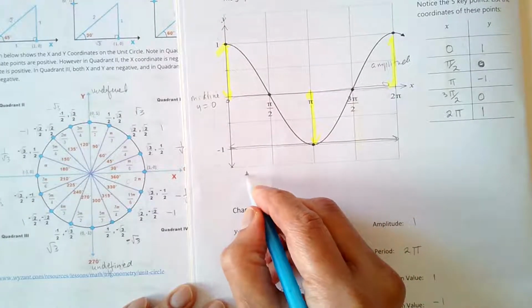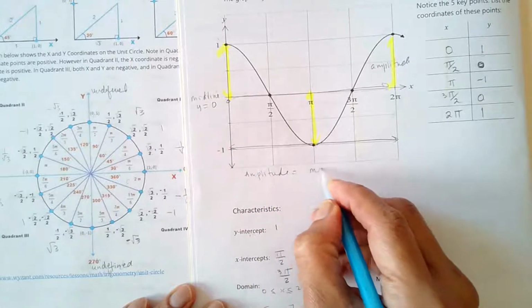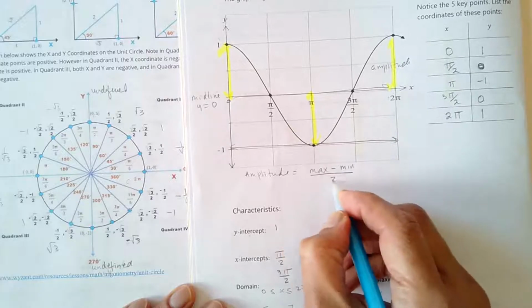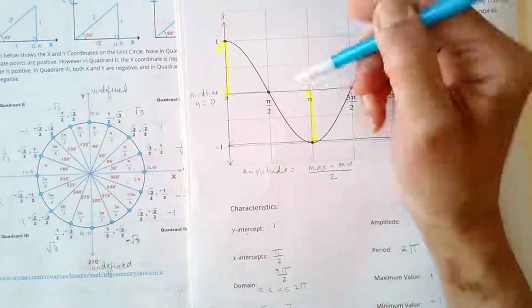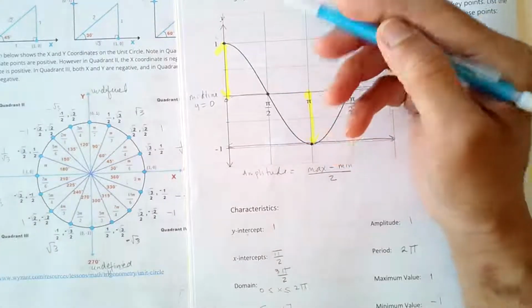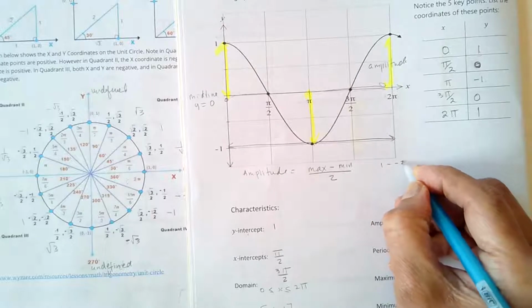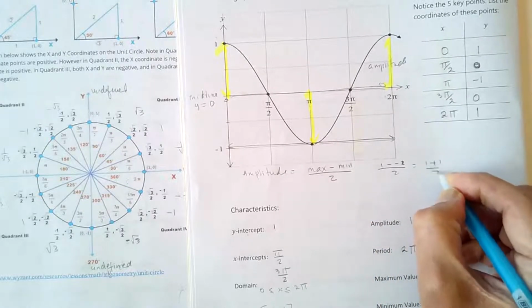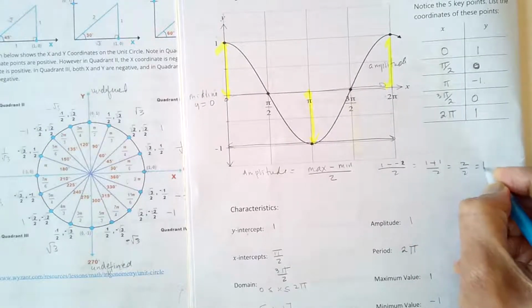So the amplitude is normally the maximum. If you can write here, the amplitude is your maximum value minus your minimum divided by 2. So in this case, I have 1 plus 1 over 2, which is equal to 2 over 2, which is 1.